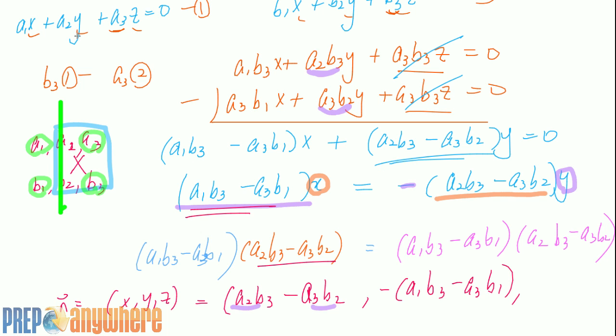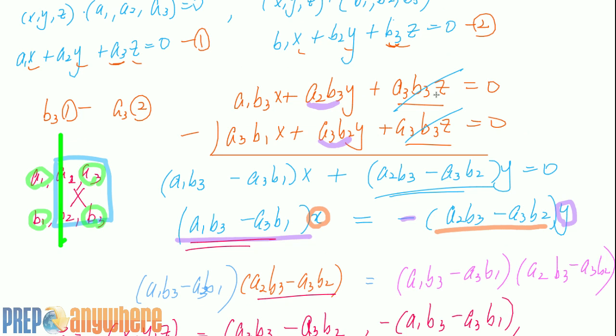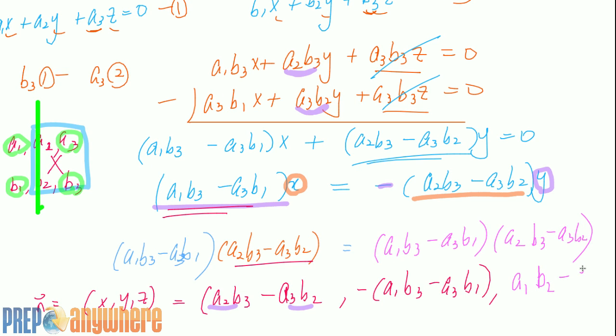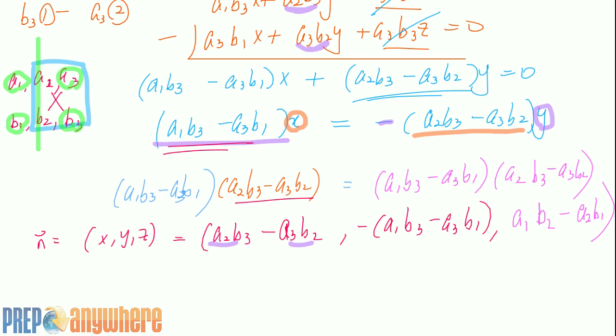Now if, instead of eliminating Z, I did the same procedure and eliminated X instead, the last one will become A1 times by B2 minus A2 times by B1. So this is a cross product. This right here is a vector that's perpendicular, right?